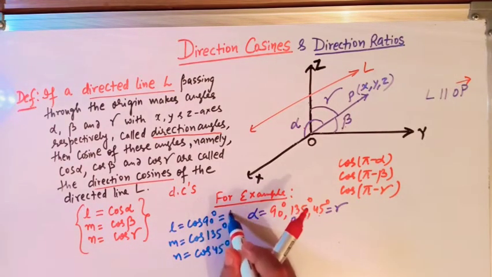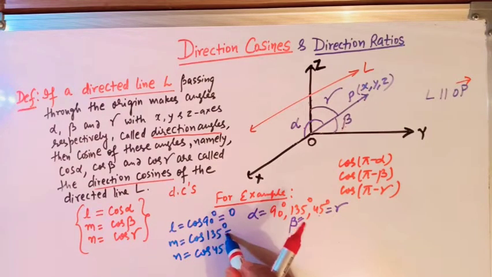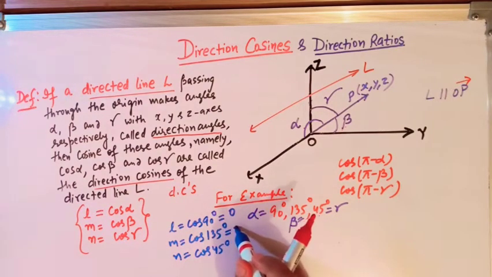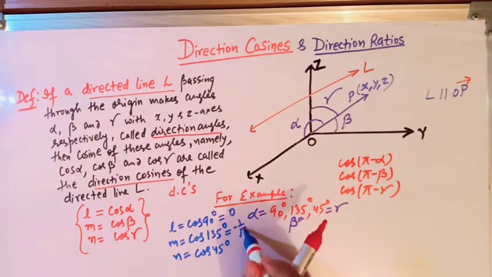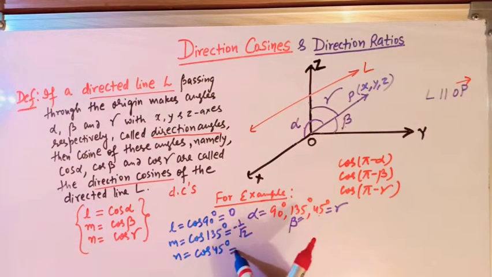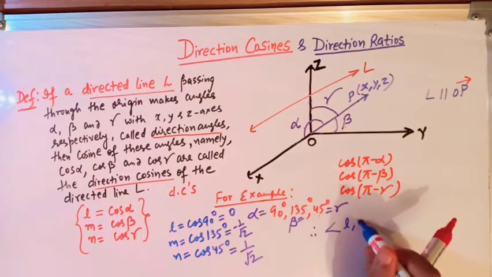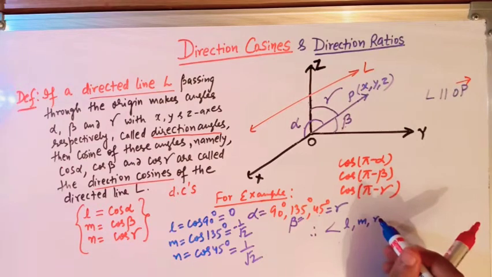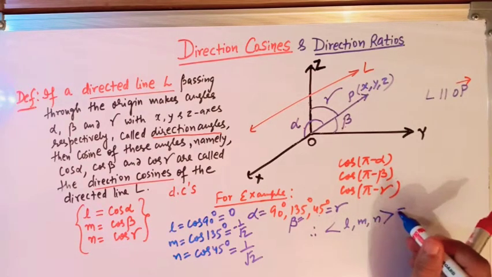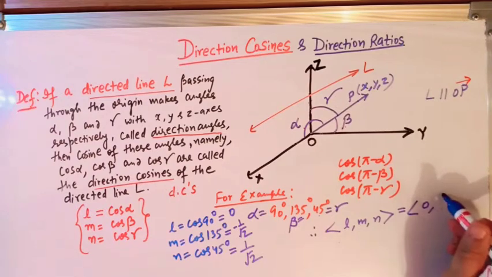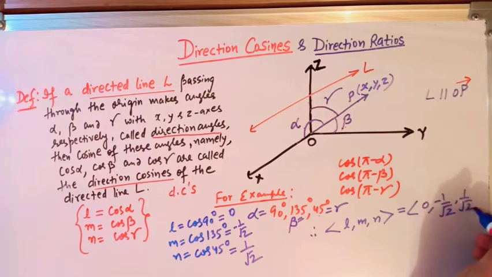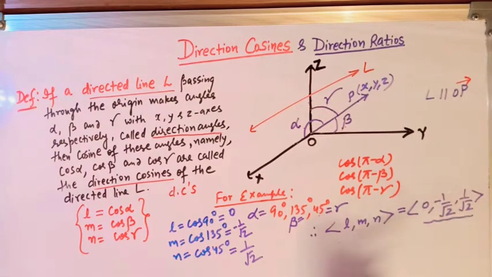So cos 90 is 0, and cos of 135 is minus 1 over root 2, and cos 45 is 1 over root 2. Therefore the direction cosines, denoted by l, m and n, are 0, minus 1 over square root of 2, and 1 over root 2. So these are the direction cosines of this line, right?